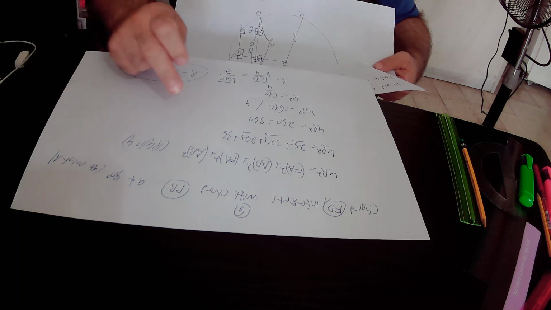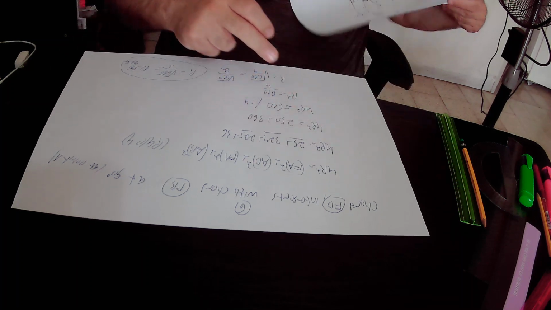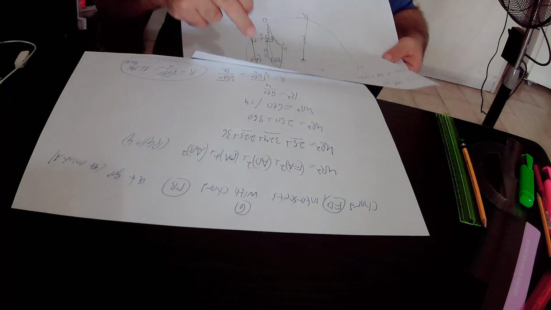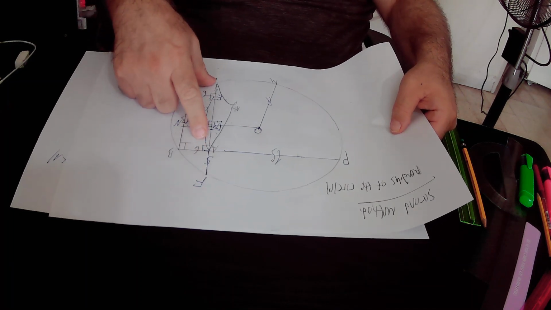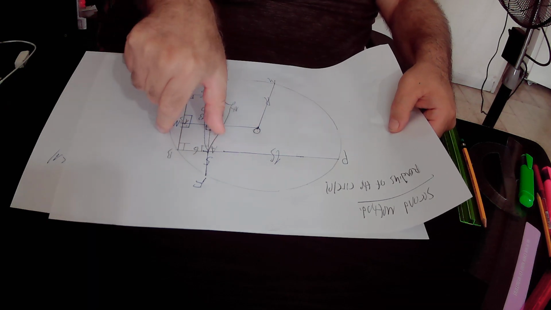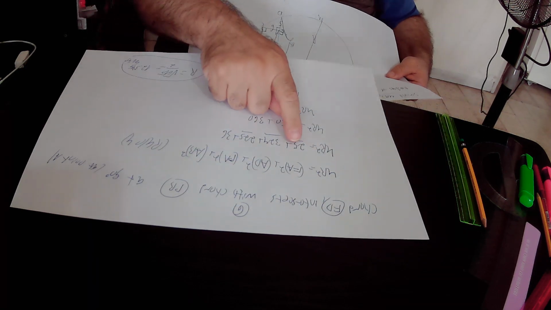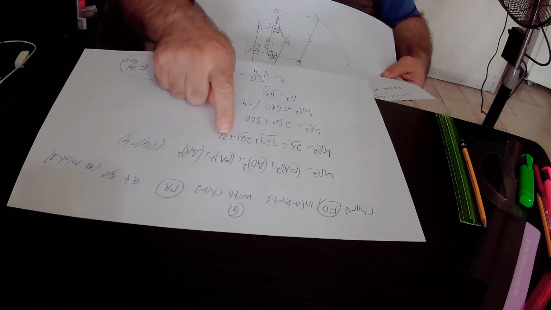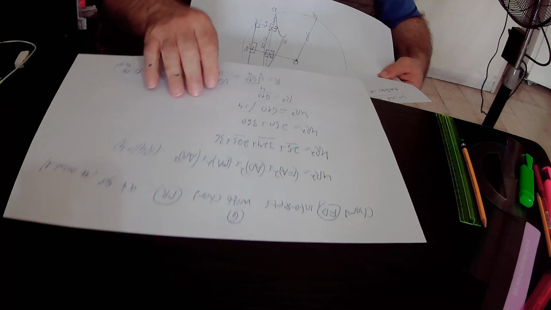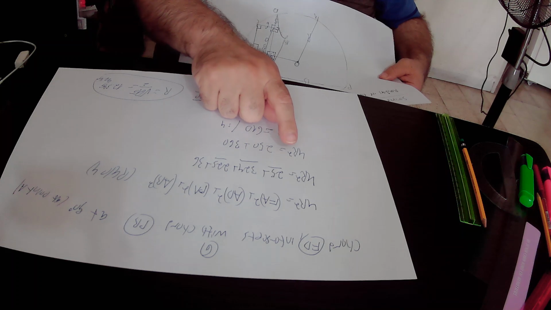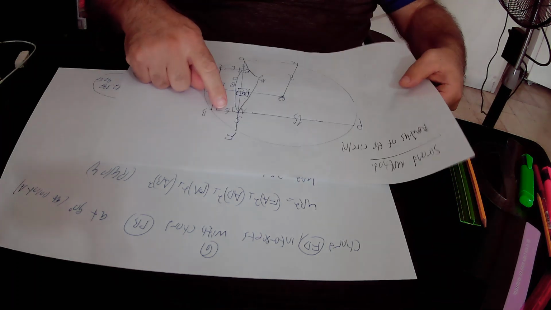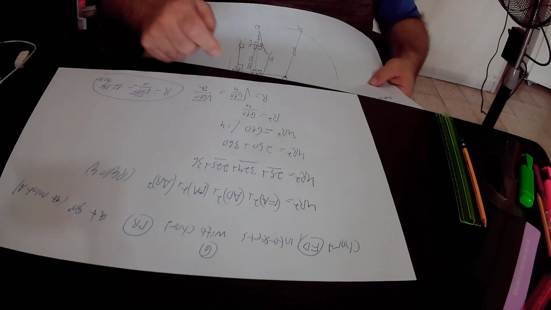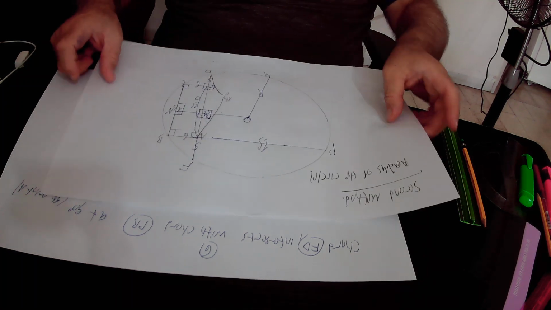Therefore, according to rule number 4, we get that 4R squared, where R is the radius of this circle, equals FA squared plus AD squared plus PA squared plus AB squared. FA equals 5, therefore FA squared equals 25, plus AD squared.